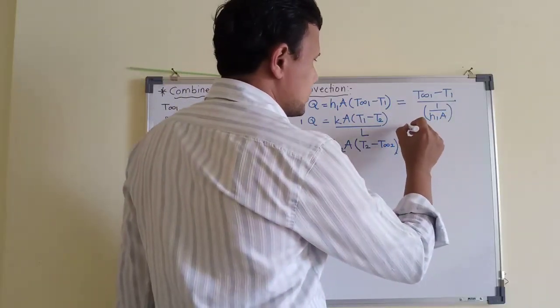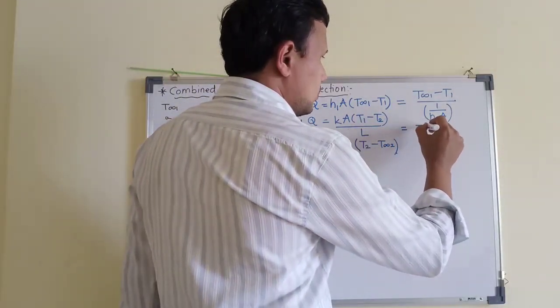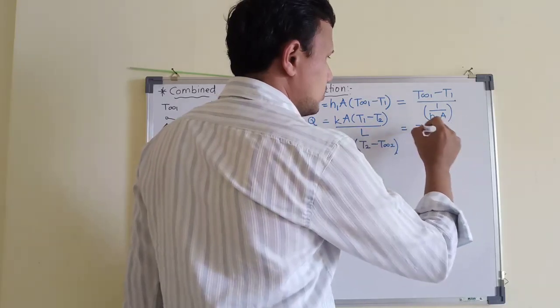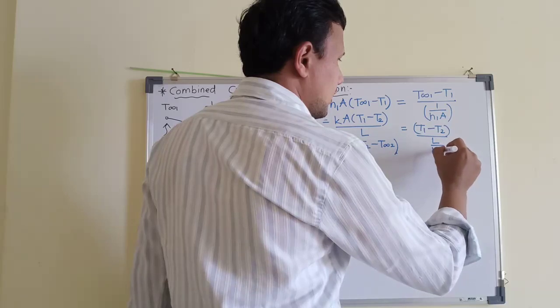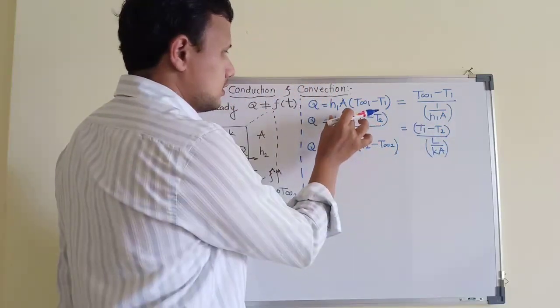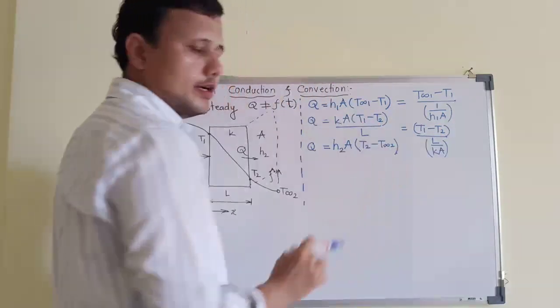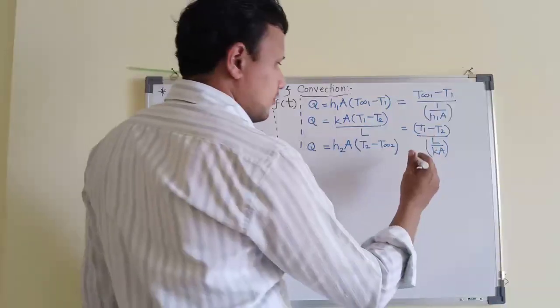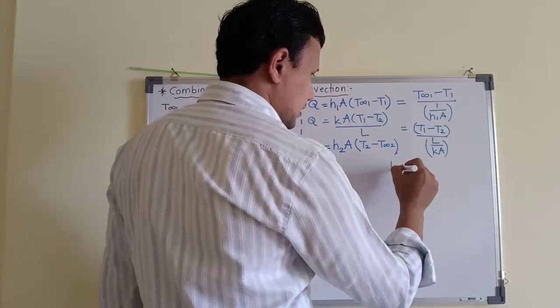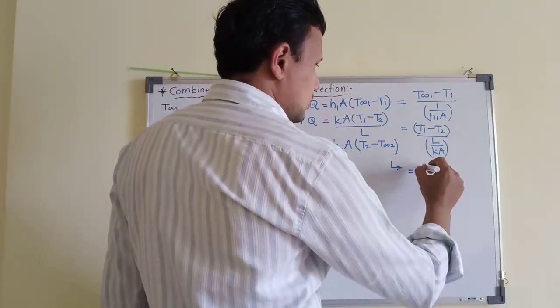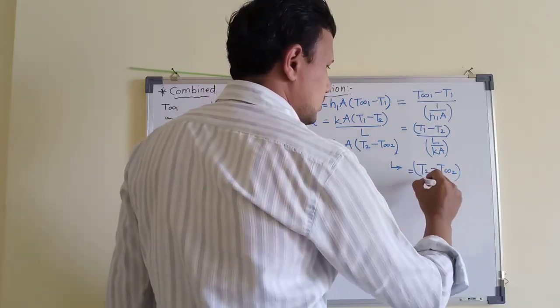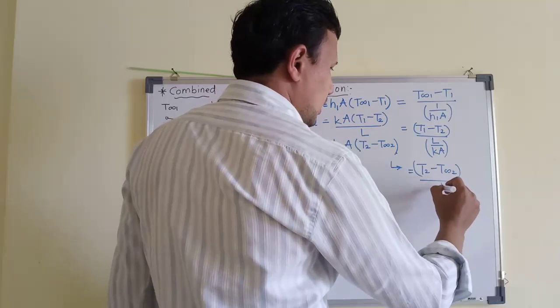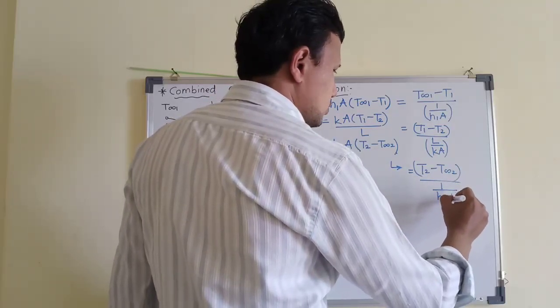For the second equation, I can write this is equal to T1 minus T2 divided by L upon kA. And then finally, for this equation, we can write it is equal to T2 minus T infinity 2 divided by 1 upon h2A.